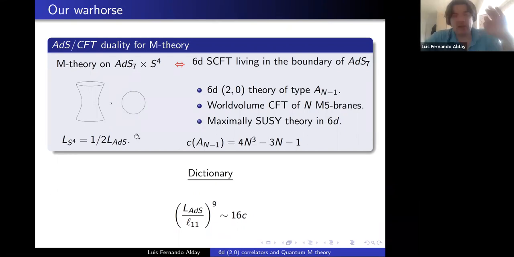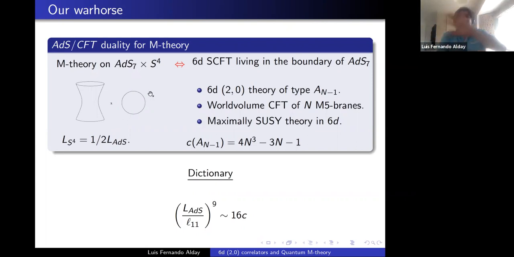Recall that in M-theory there is no dimensionless coupling, but as soon as you put the theory on AdS7 cross S4, there is a new length, which is the radius of AdS, related to the radius of the S4. So now we can form a dimensionless parameter, which is L_AdS over L11, the 11-dimensional Planck length, and this dictionary relates the 9th power of that parameter to the central charge of the CFT.